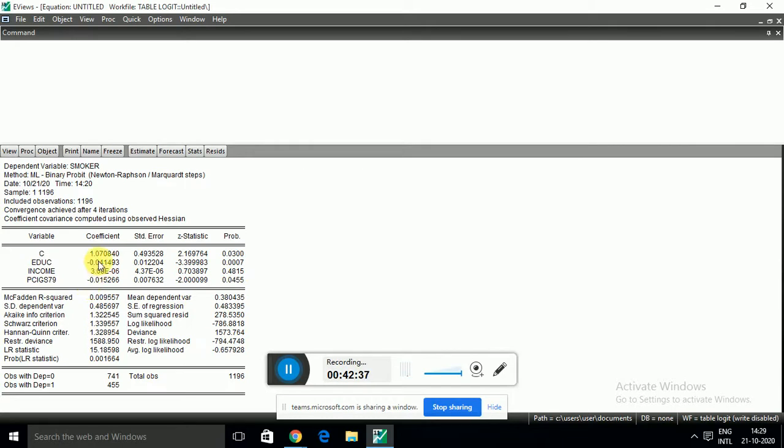So given my education, the odd is 0.04, meaning that, given my level of education, what is the odd for me for quitting smoking? So let me be quite specific.